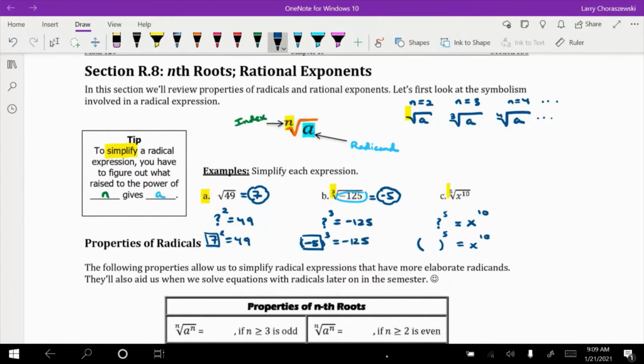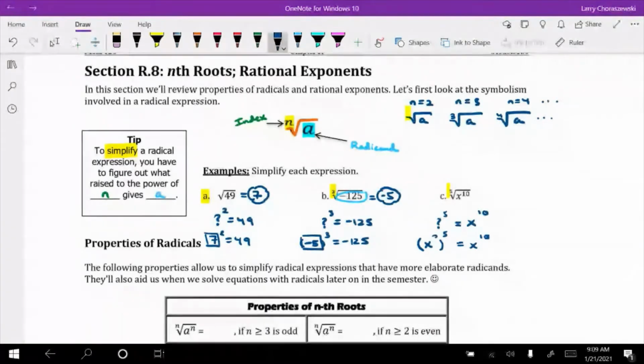Well, it's probably clear that we'll need x inside the set of parentheses. But if I just leave it as is, x raised to the 5th is not x to the 10th. But keep in mind that, if x were to have a power on it, you would be able to multiply that power to 5. So that's kind of the key here, all right? Is there a power that I could give to x that would turn the exponent on x to 10?